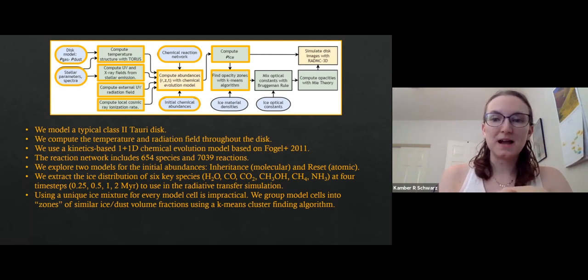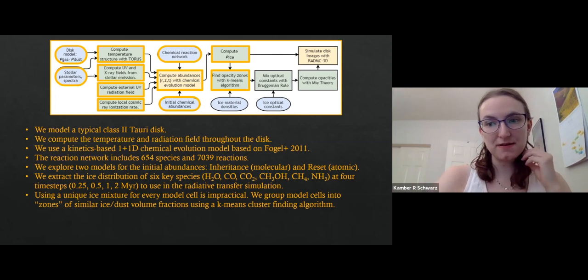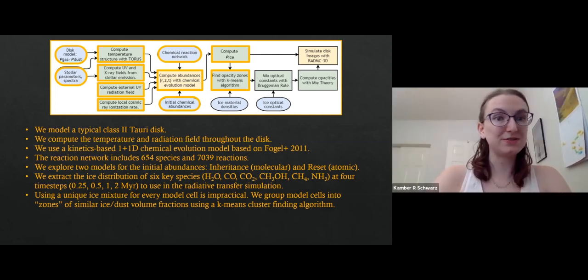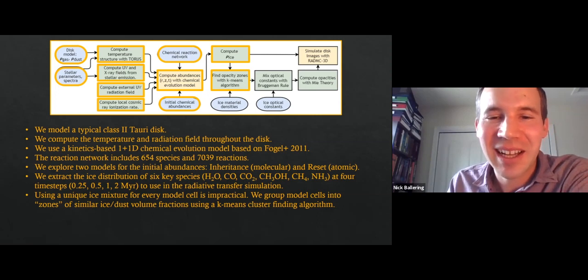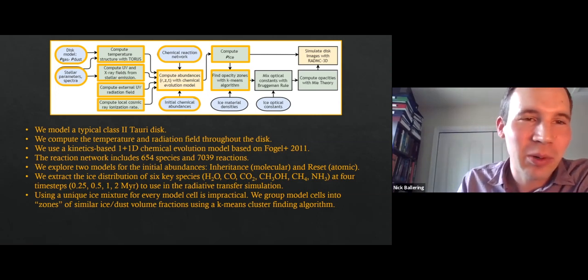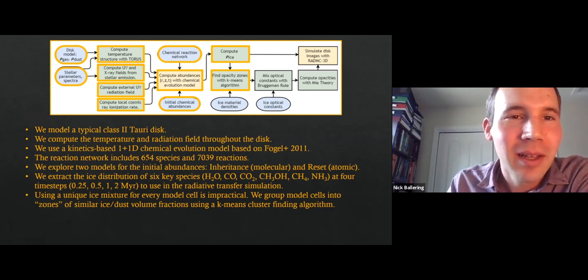All right, and then we have another question from Neil, who asks, why is Torus used for the temperature structure, but then the similar RADMC code for the synthetic images? Good question. This is just a path-dependent approach to the methodology.